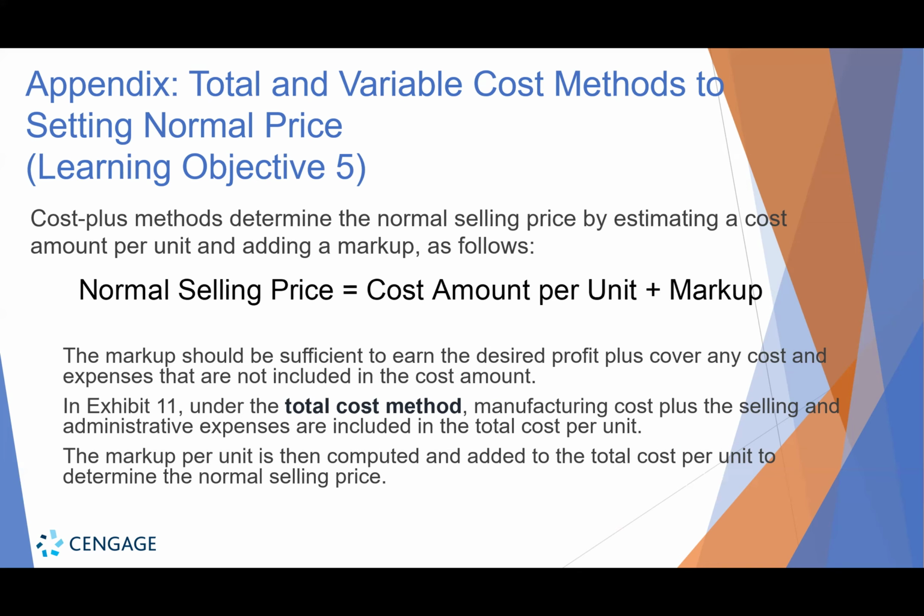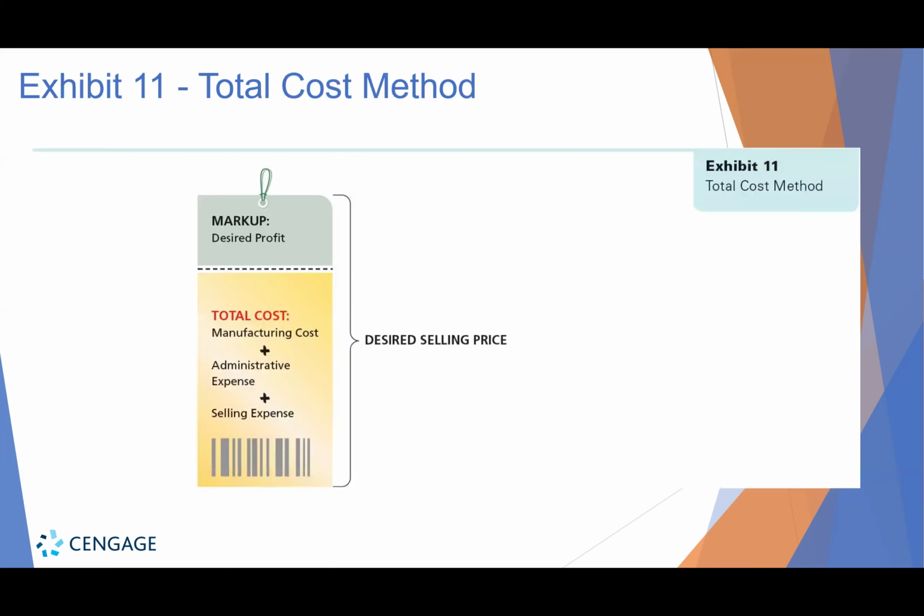If we look at this total cost method, manufacturing costs plus the selling and admin expenses are included in the total cost per unit. Then the markup per unit is computed and added to the total cost per unit to determine our selling price.